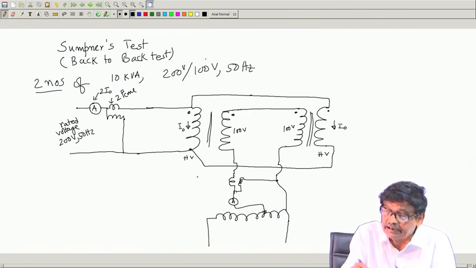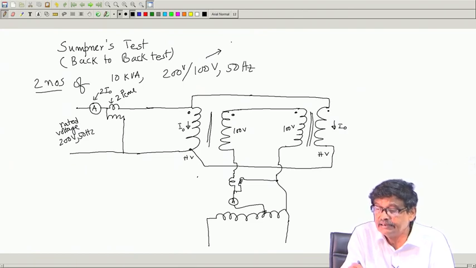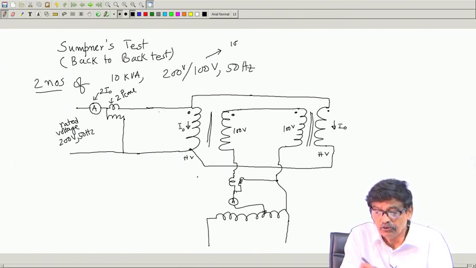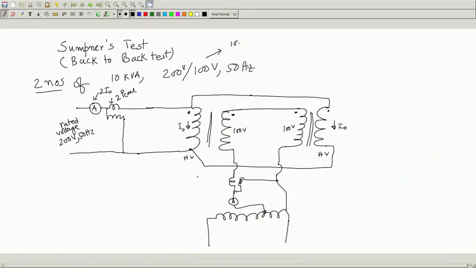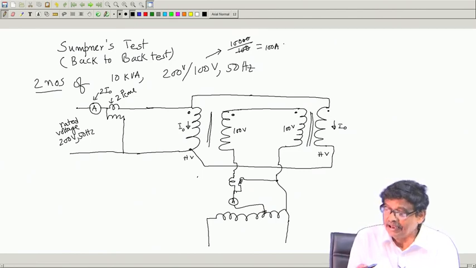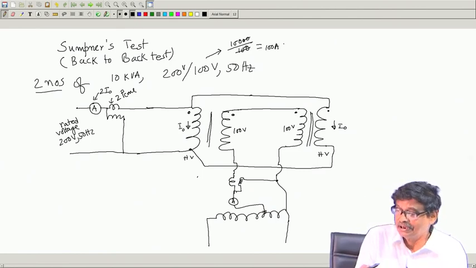What is the rated current of this side? Given the transformer rating, immediately calculate rated currents, that is always important. 10,000 by 100, 100 ampere is the rated current of the LV side. Perhaps the test would have been better if we had energized the 100 volt side.